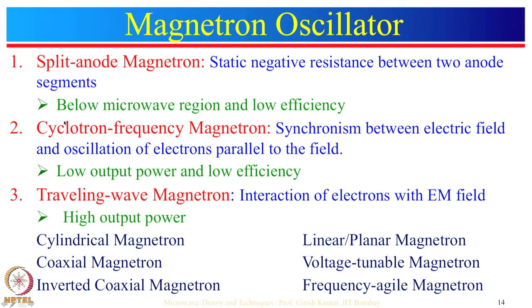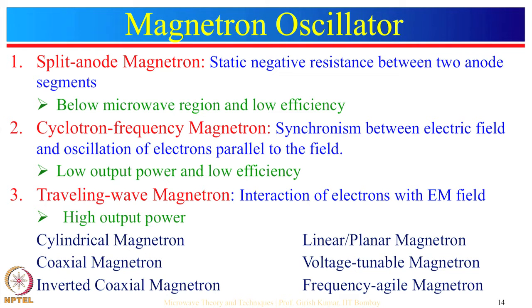Cyclotron frequency magnetrons operate under the influence of synchronization between the electric field and the oscillation of electrons parallel to the electric field. These types of magnetrons have low efficiency and can produce only low output powers.